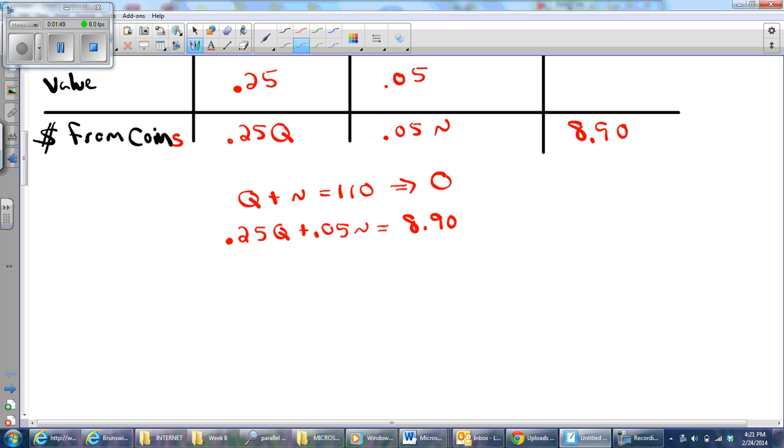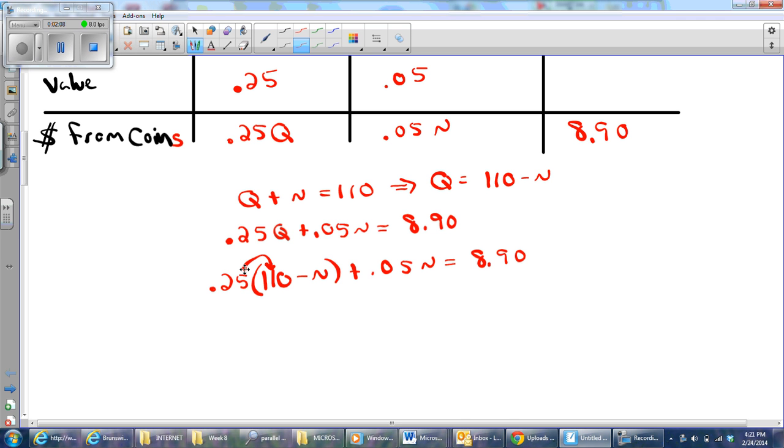I think I'm going to go substitution to solve this system. I'm going to solve for Q, and I know Q is going to equal 110 minus N. So I'm going to do 0.25 times the quantity of 110 minus N, plus 0.05N, and that should equal $8.90.